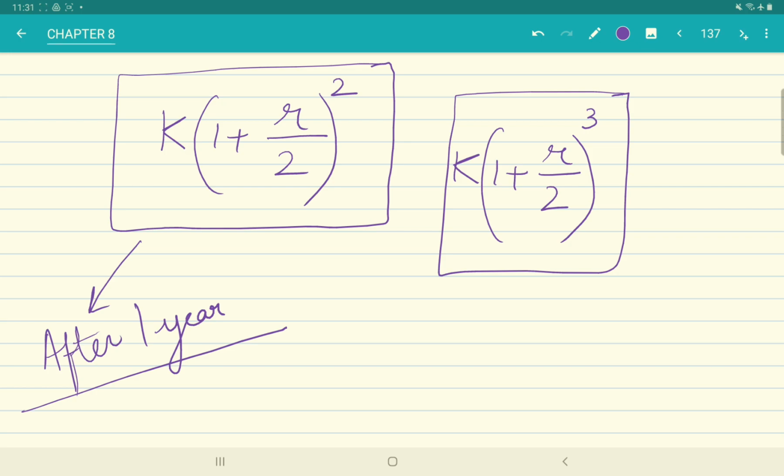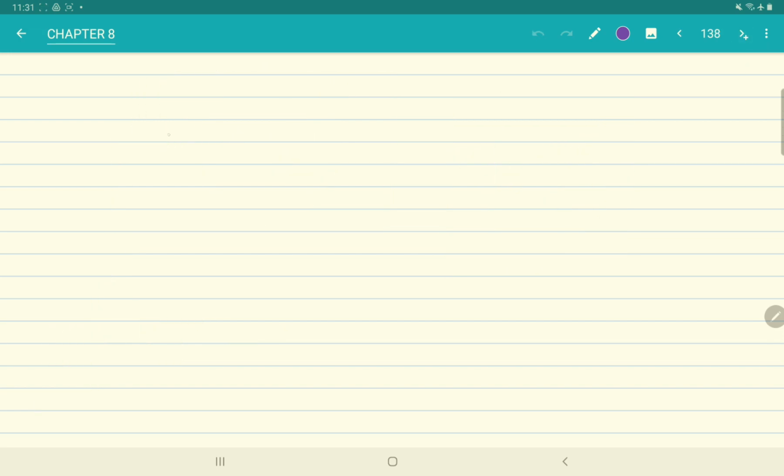Now after t years, the deposit of k dollars would increase to k multiplied by 1 plus r by 2 raised to the power 2t.